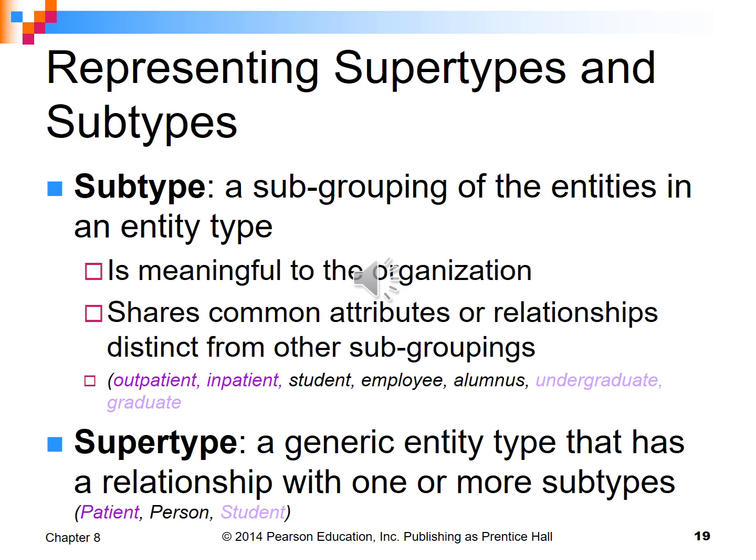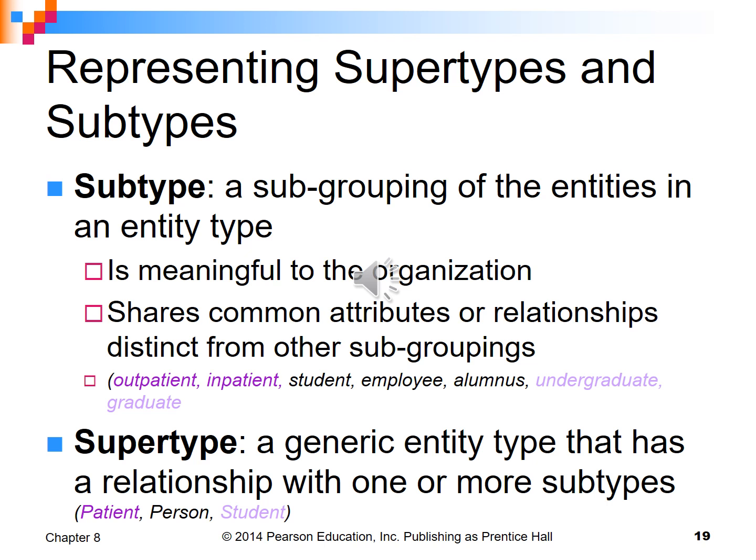A subtype is a subgrouping of the entities in an entity type. It's meaningful to the organization and shares common attributes or relationships distinct from other subgroups. Like we have outpatient, inpatient. We have student, employee, and alumnus. We have undergraduate and graduate. For a student in a university or college, we have a graduate student and an undergraduate student.